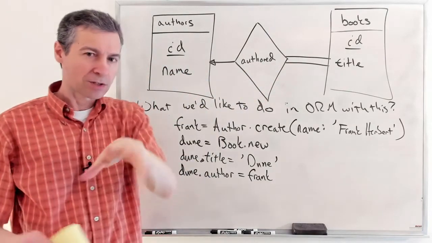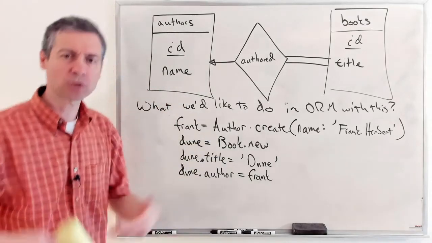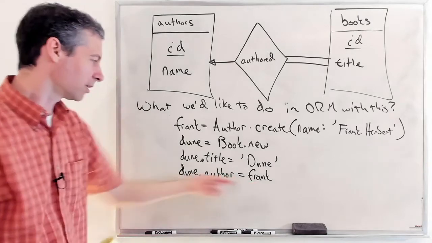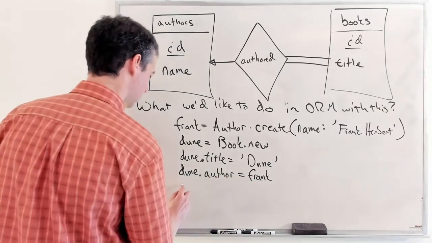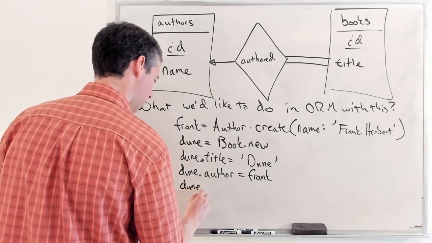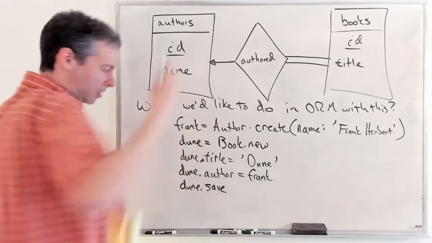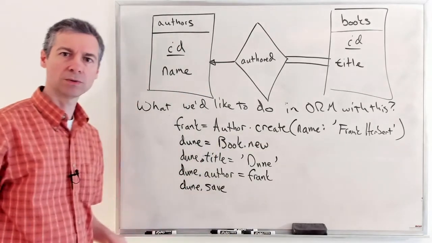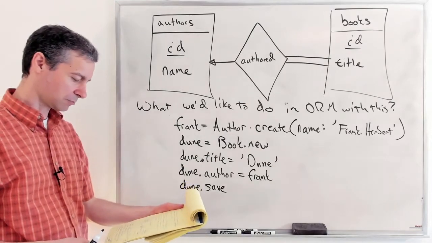All right. So this is what we would love to see, some sort of cool, slick system that allowed us just to do this. And then, all right, we've built up our book now, and now we call save. And so please save that book into the database. That'd be great. All right.